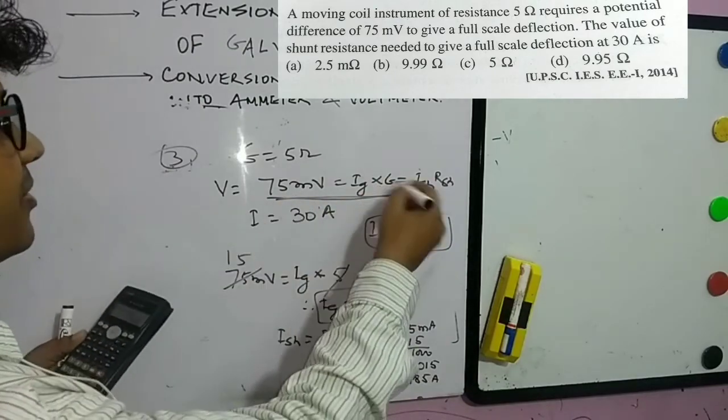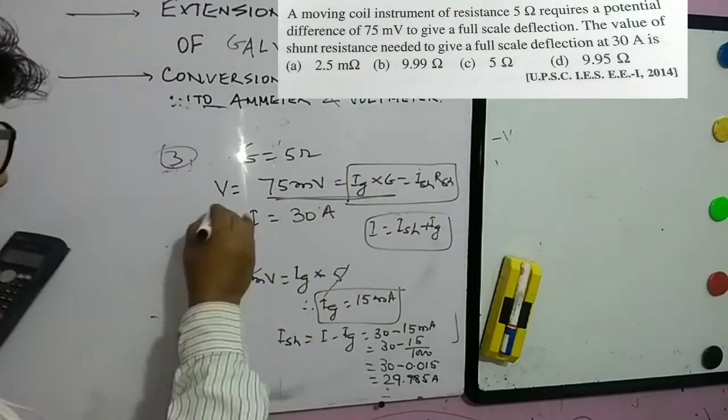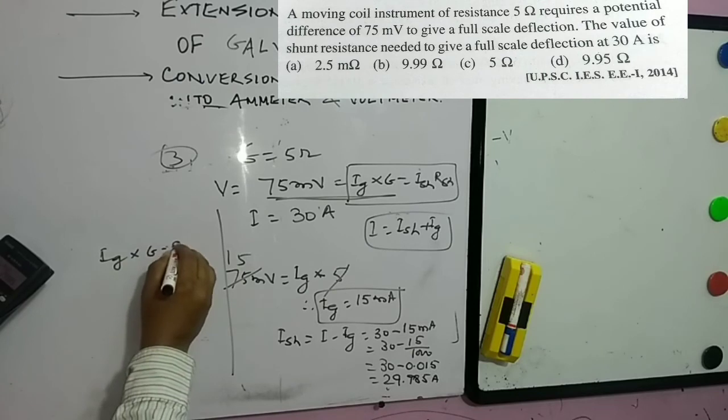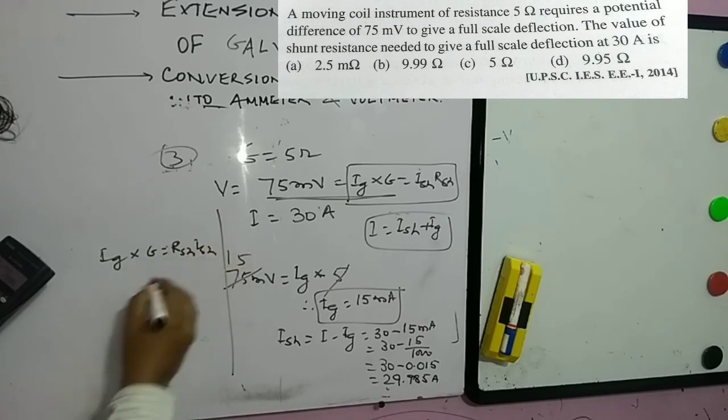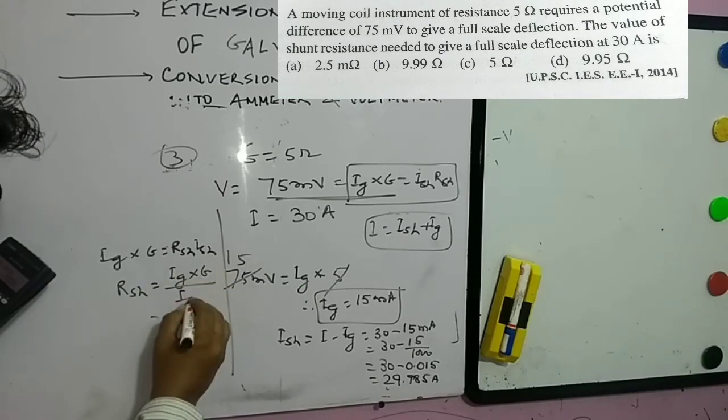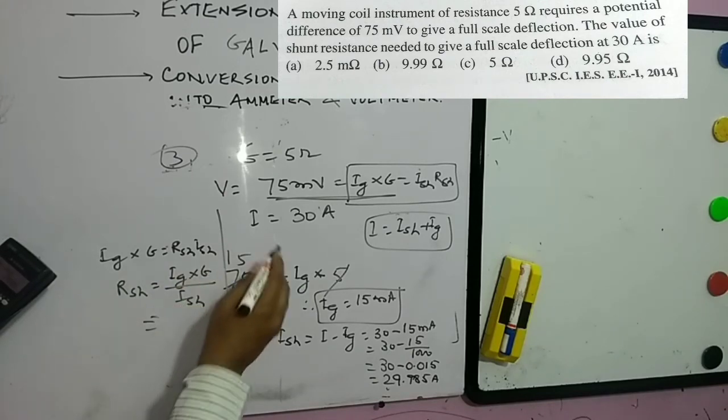Now we can use the same relation. Ig into G is equal to RSH into ISH. So RSH will be equal to Ig into G divided by ISH.